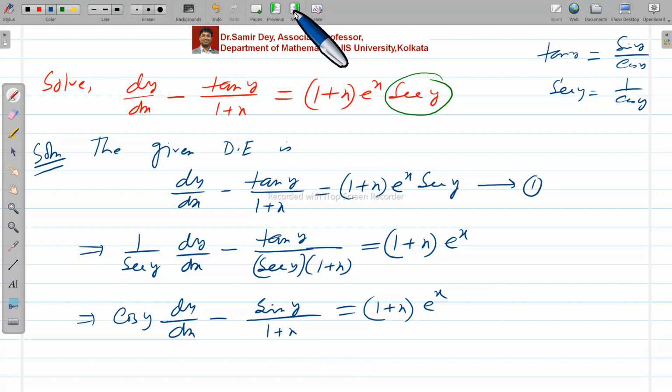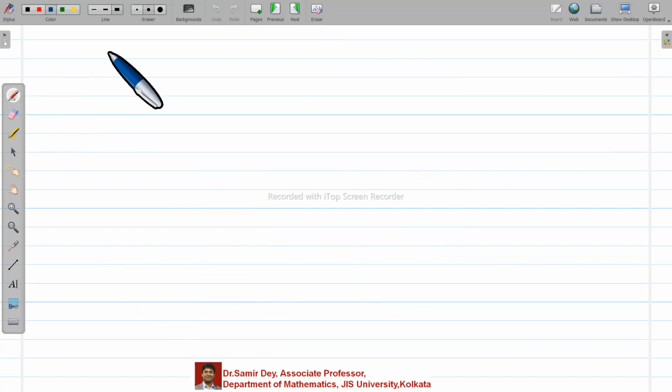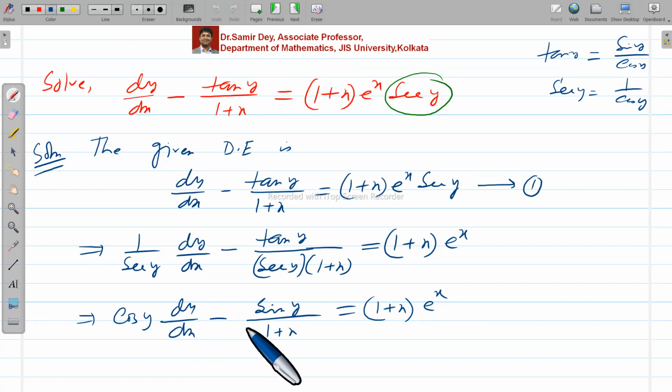So shall I move to the next slide? Okay. So please write down, let sin y is equals to z. Is it clear how to decide that? I'm not talking about sine, only y function I'm talking about. So after division of the extra term of y, whatever the y term you have the second, so that term you should consider as a z.